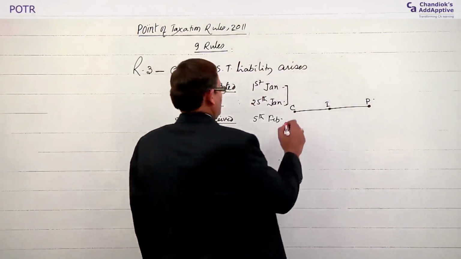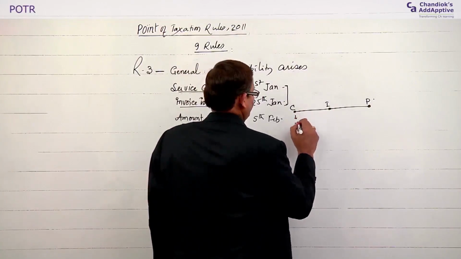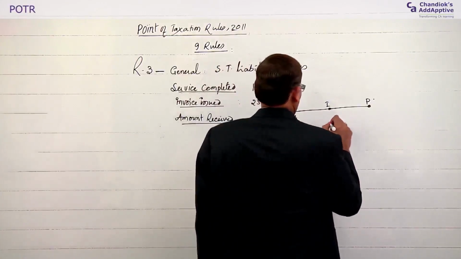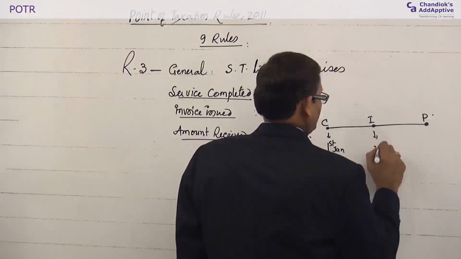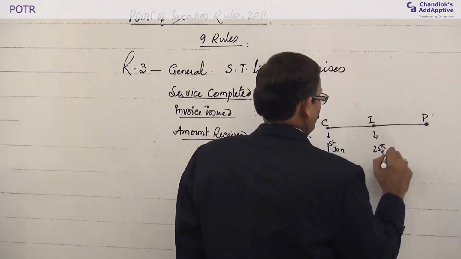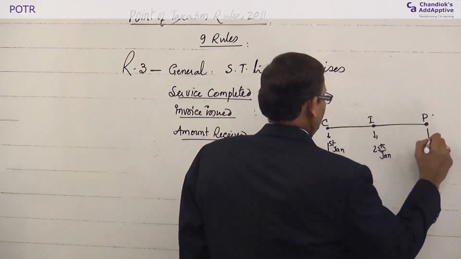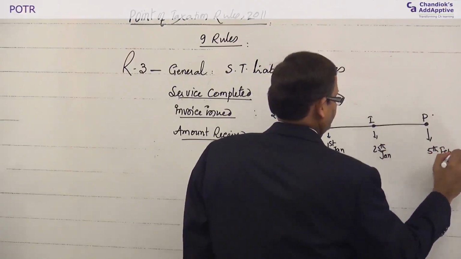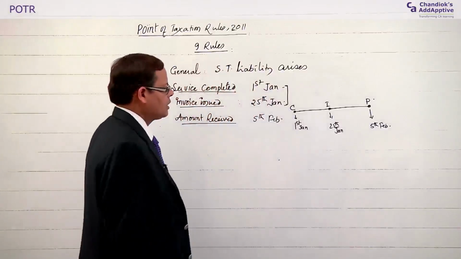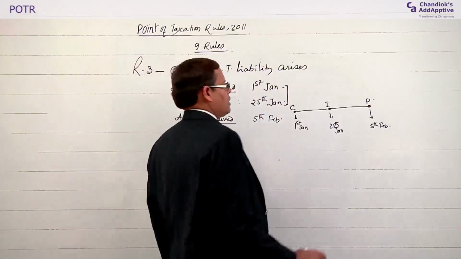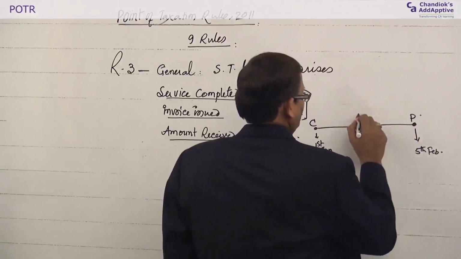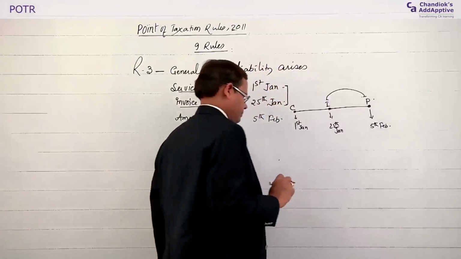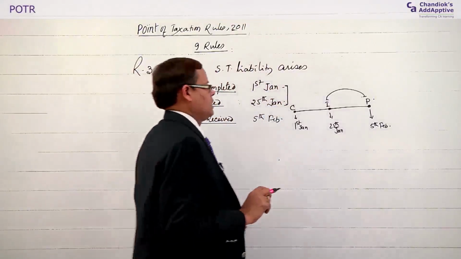This took place on 1st January, this on 25th January, and this on 5th February. Date of issue of invoice or date of payment, whichever is earlier, that is the basic principle.